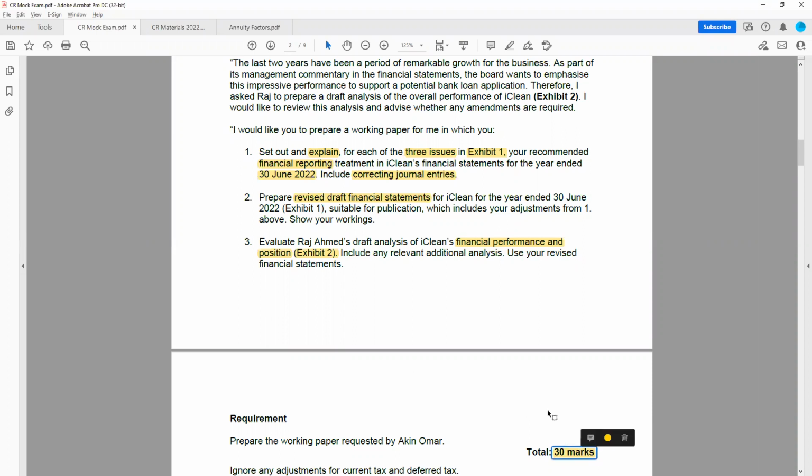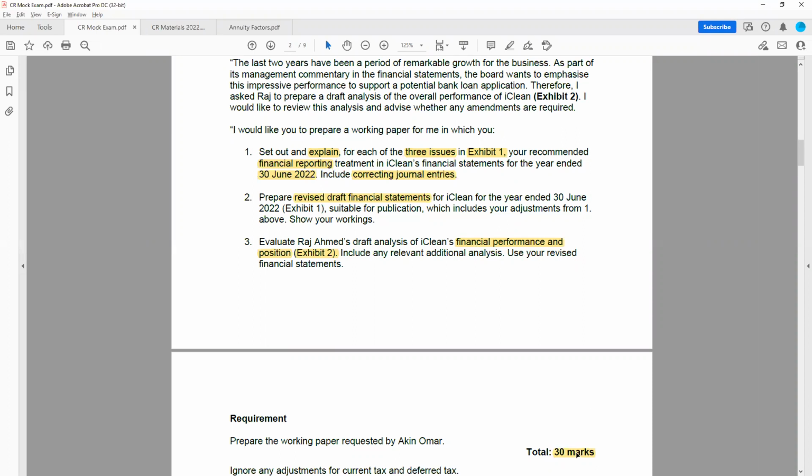So when you're trying to allocate your marks, there's various approaches you can take, but I would always say allocate 8 marks for ethics. Now, we don't have ethics in this requirement, unfortunately, but when you have financial statement analysis, it tends to be around about 8 marks as well. So sometimes it varies, sometimes it might be 10, 12, maybe slightly less than 8.